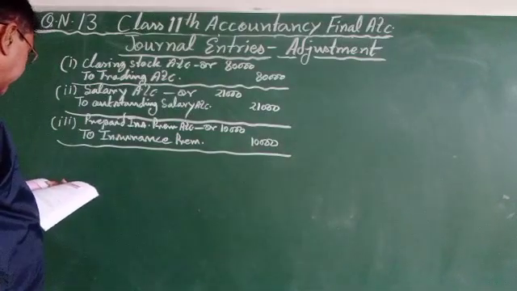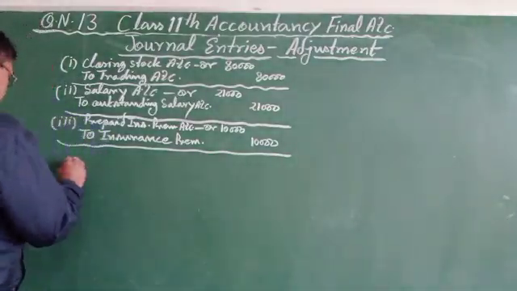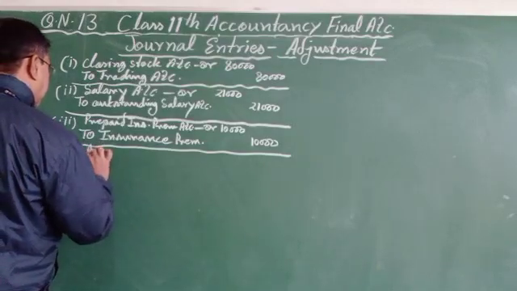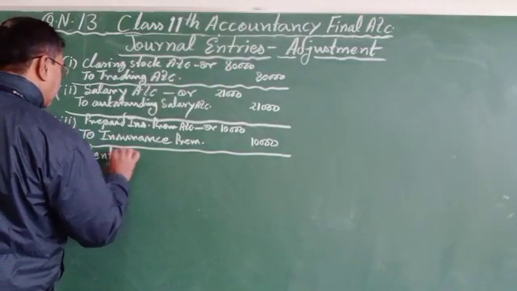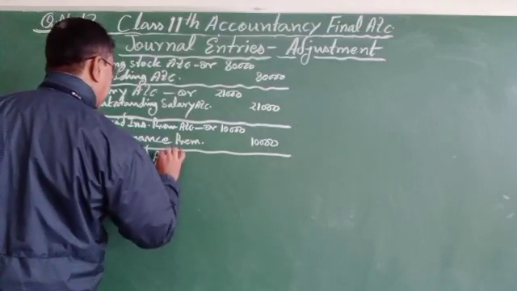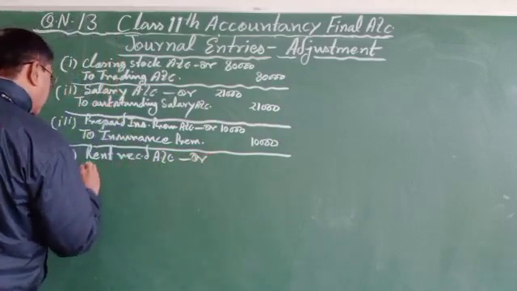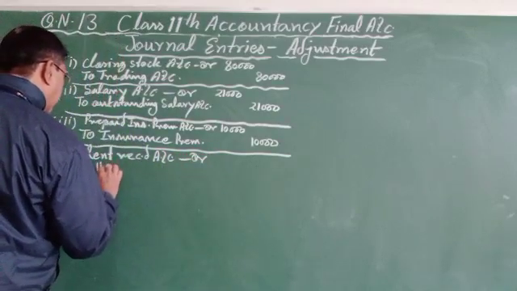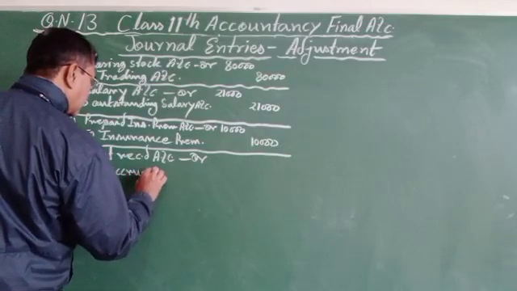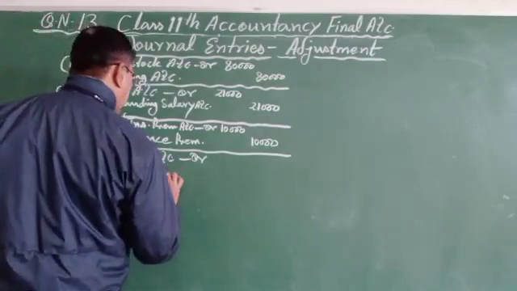So in the fourth entry, we can find: rent received account debit to unaccrued rent, because this one belongs to the next year.